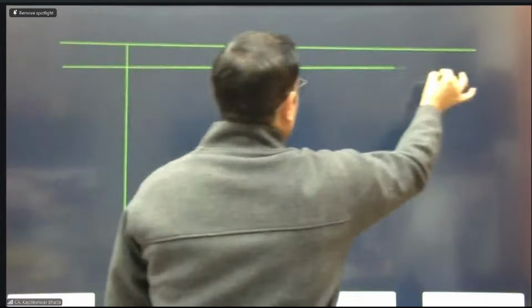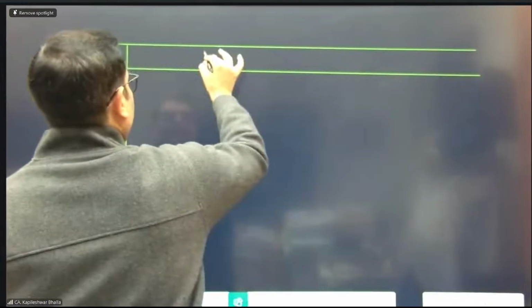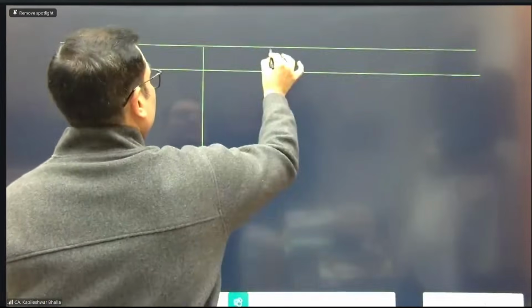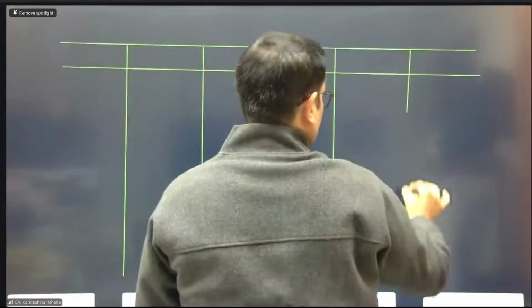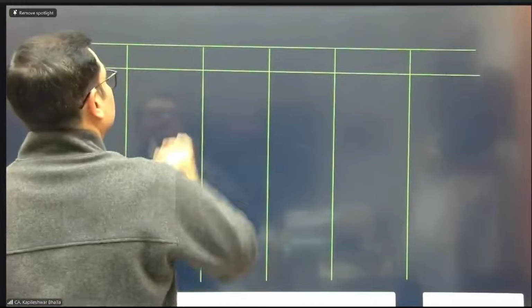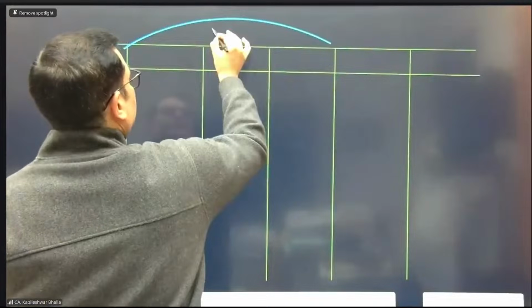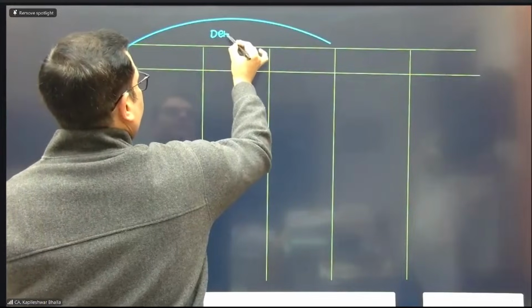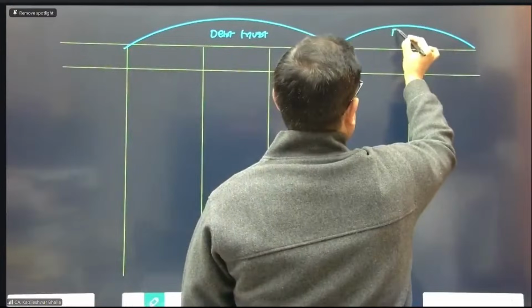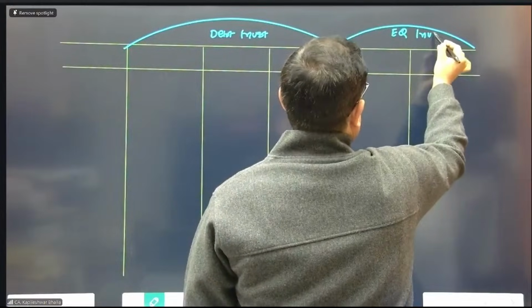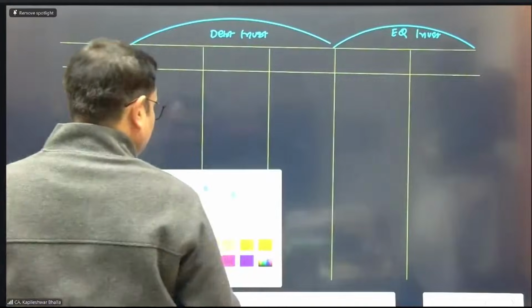So let's take the particulars, and we've got 5 categories, 3 for the debt investments and 2 for the equity investments. So this is debt investments, and we've got equity investments. So let's take the categories.